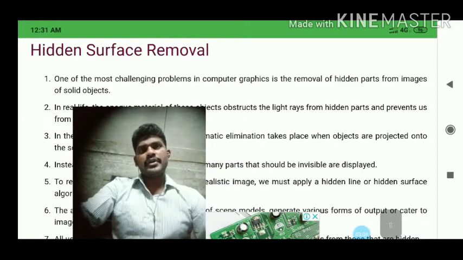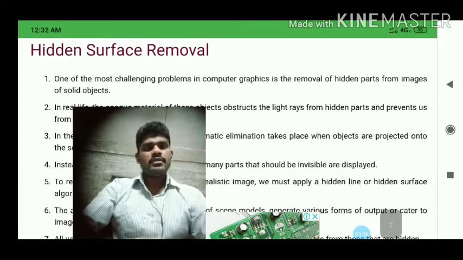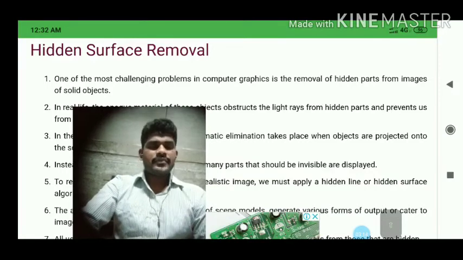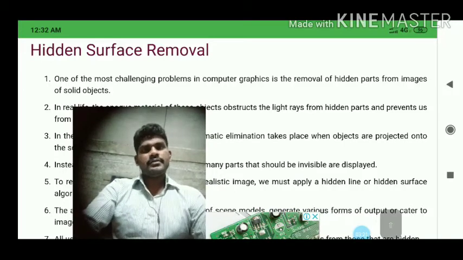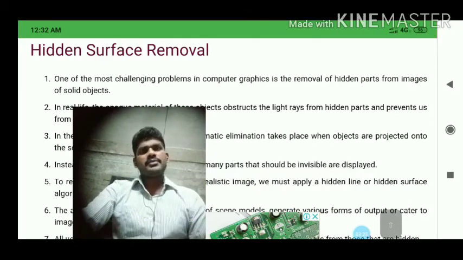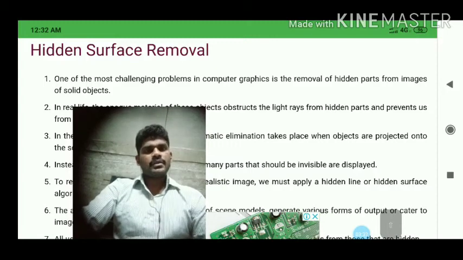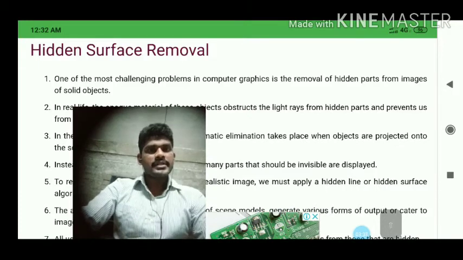What is another name for hidden surface removal? That is visual surface detection. If you identify the visible surface, then automatically the hidden surface we can remove. Look here. Visual surface detection or hidden surface removal, both are the same.